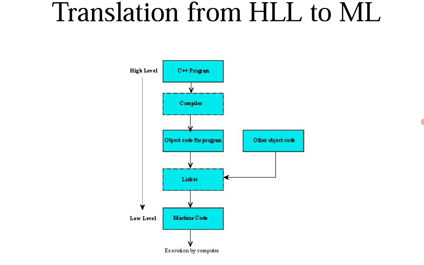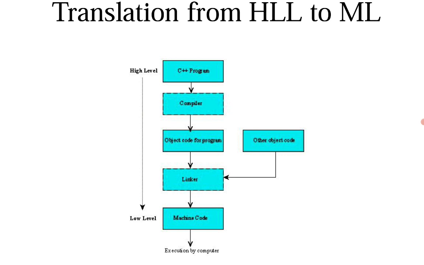Then we may simply execute the program by giving the name of the file. And why? Because the executable file is in machine language, so the program will be executed automatically.